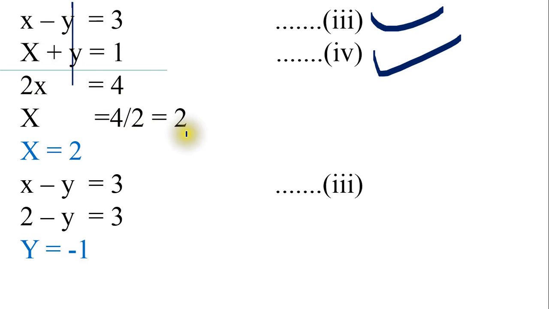If you put this x value 2 in equation 3 or 4, you can find the value of y. In equation 3, x minus y is equal to 3, so 2 minus y is 3, so y is equal to minus 1.